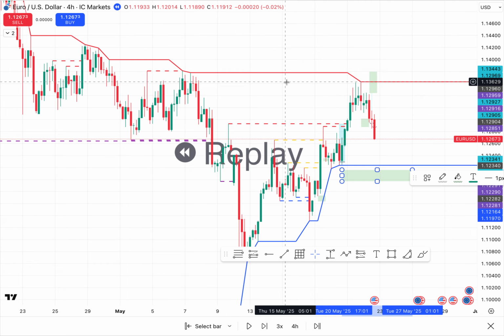Zone reactions of different time frames: compare relevant liquidity.